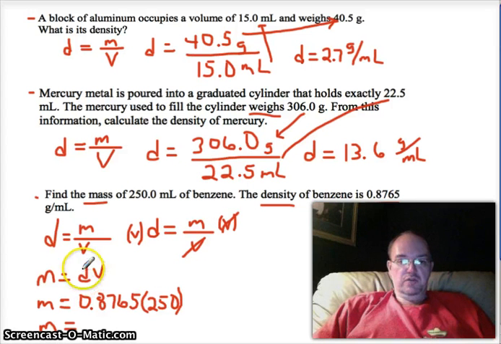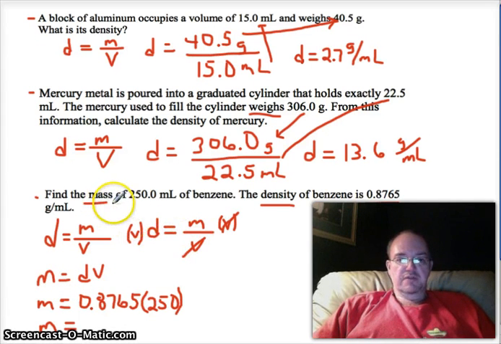Now we had an earlier video where you learned that D equals M over V would be equal to M equals DV. And what we did, we just solved for M on one side. I hope you remember how to do that. But what it turns out to be is now we have mass equals DV. Now, wait a minute. We are finding the mass.